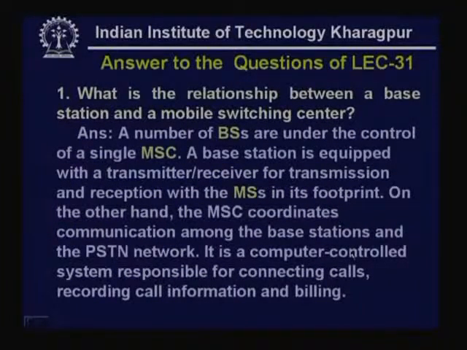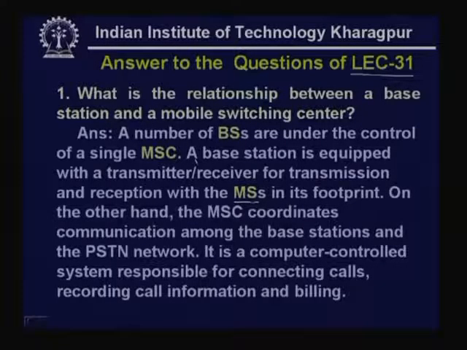Now it is time to give you the answers to the questions of lecture number 31. First question was, what is the relationship between a base station and a mobile switching center? Answer is, a number of base stations are under the control of a single mobile switching center. A base station is equipped with a transmitter receiver for transmission and reception with the mobile stations in its footprint.